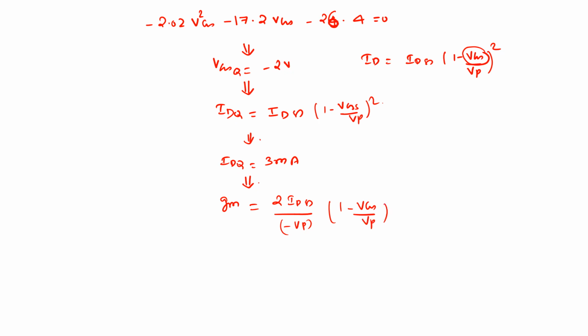Substitute the values, we will end up getting gm equal to 3 milliamp per volt. The next step is you will have to find r0. r0 is equal to 1 by lambda IDQ. So lambda is 0.008 into IDQ, which is 3 milliampere.